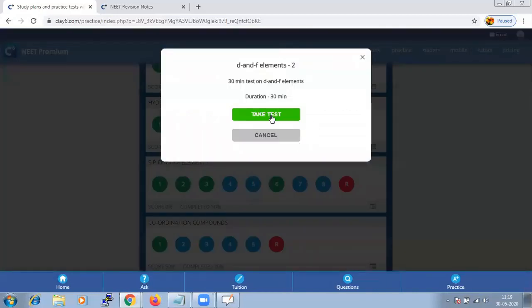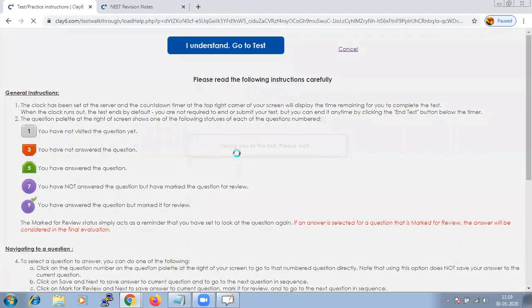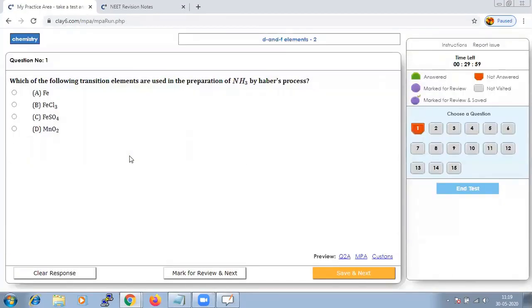Let us try answering questions from d and f block elements. Which of the following transition elements is used in the preparation of ammonia by Haber's process? Just now we discussed the application.